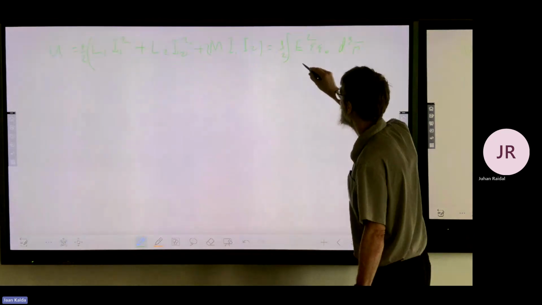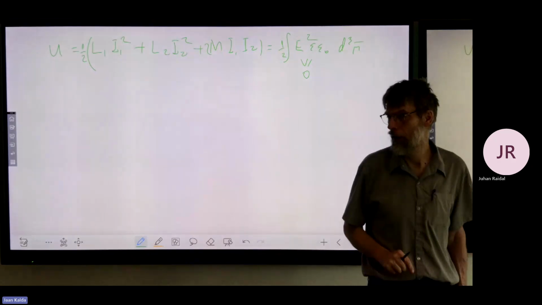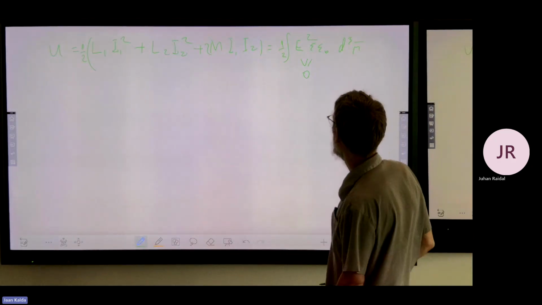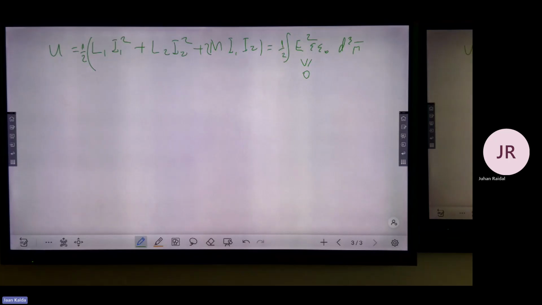And this definitely cannot be negative. We just need positive epsilon. In principle, for high frequency fields you can have negative epsilon as well, but let us keep it as is for the time being. So M has to be lower than both L1 and L2.